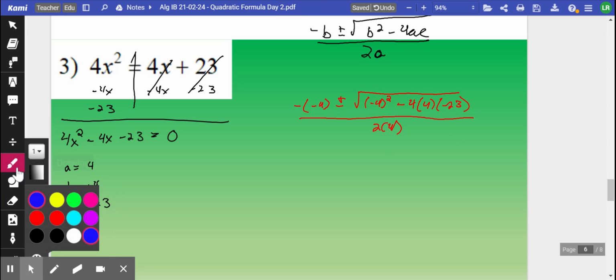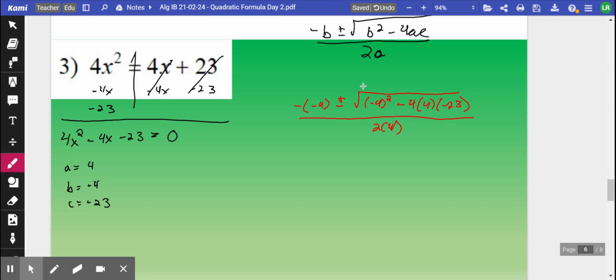So the square root part: negative 4 squared is positive 16. Negative 4 times 4 times negative 23 is positive 368. We add those together. 16 plus 368 is 384.